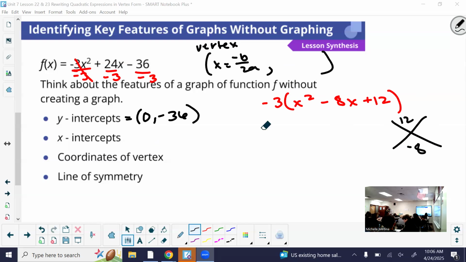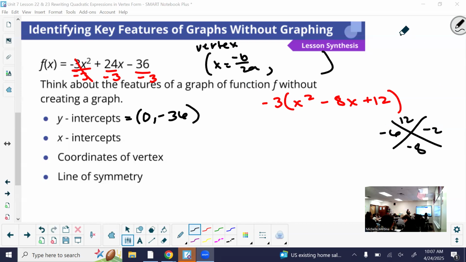Table 3, can you tell me what numbers multiply to 12 and add to negative 8? Negative 6 and negative 2.